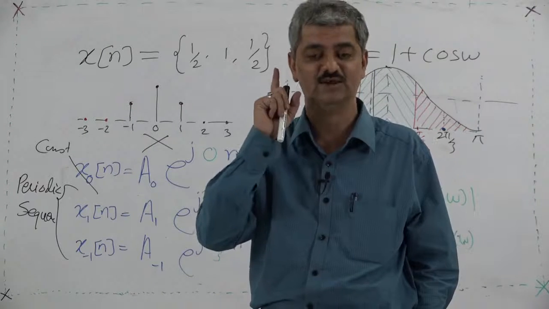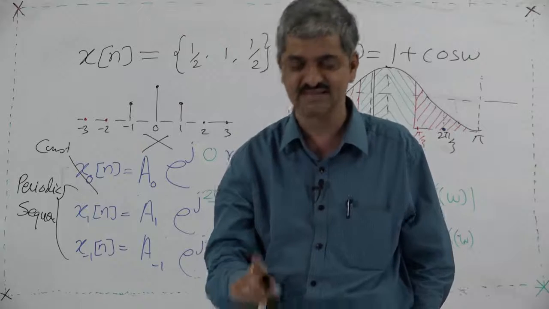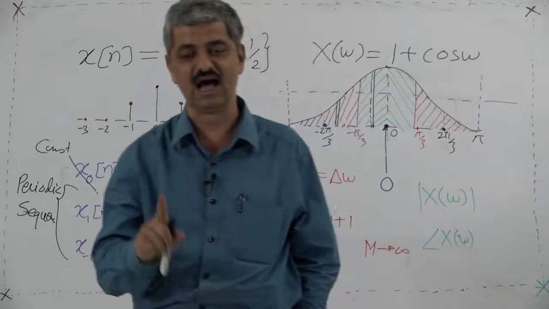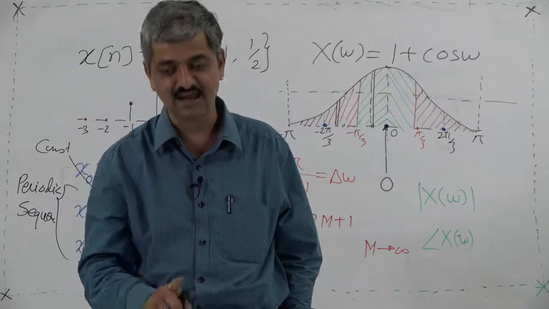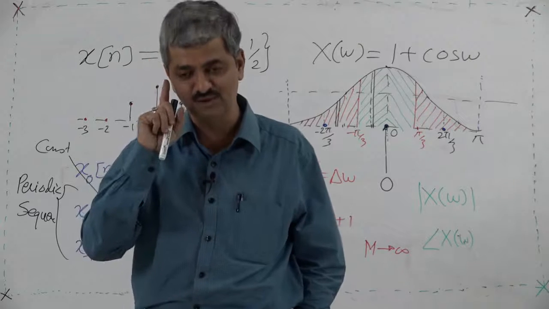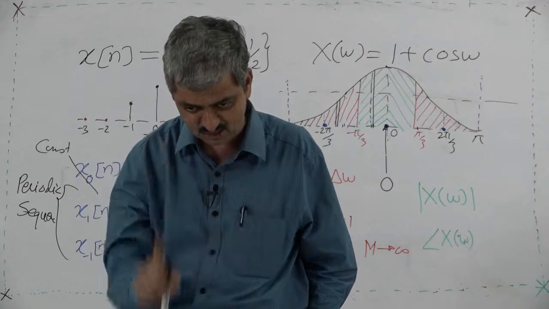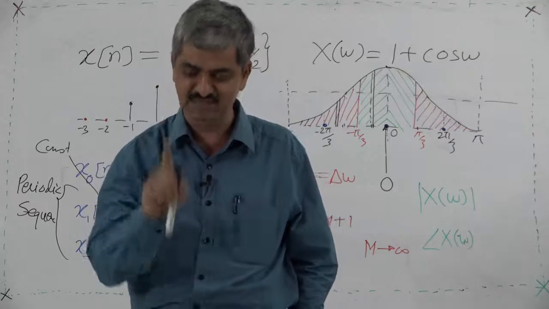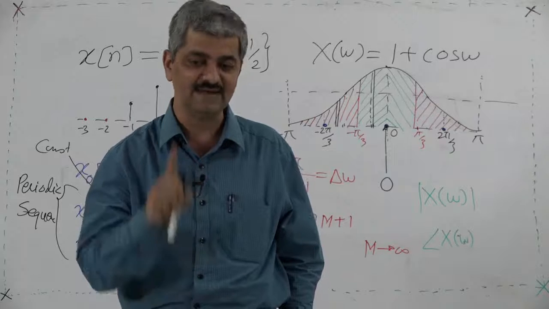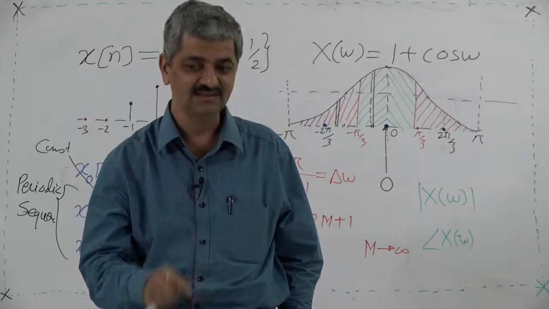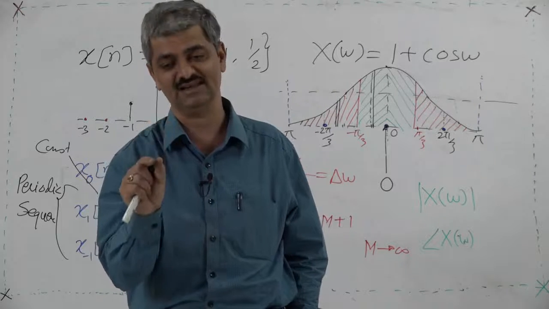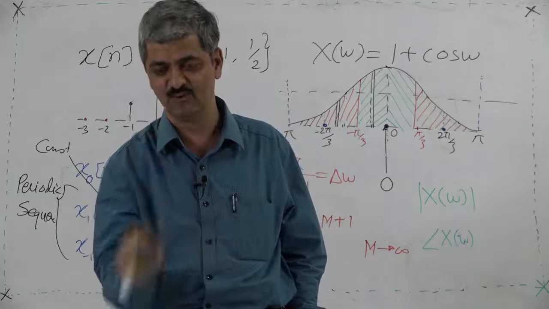Each of them is a rotating point, but these subcomponents are infinite in number and the magnitude of each is infinitesimally small. Despite this, the discrete time Fourier transform tells the relative strength of that subcomponent.